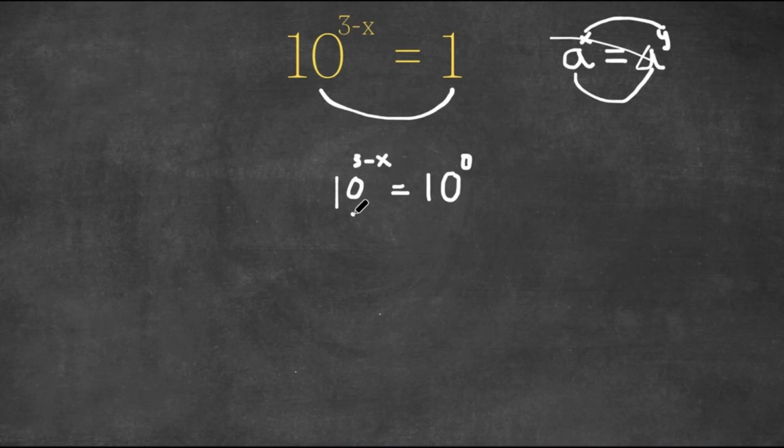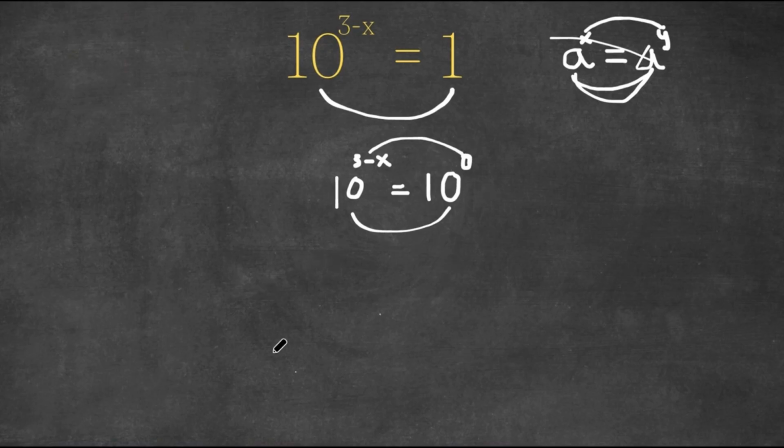Now notice how these two bases are the same, just like this one. And think of 3 minus x as x and the 0 as y.